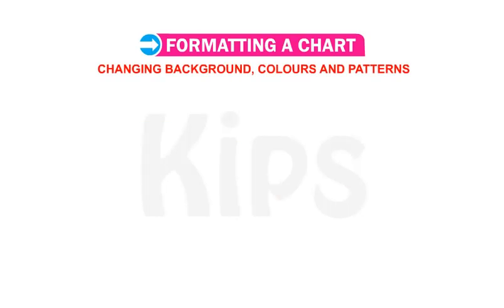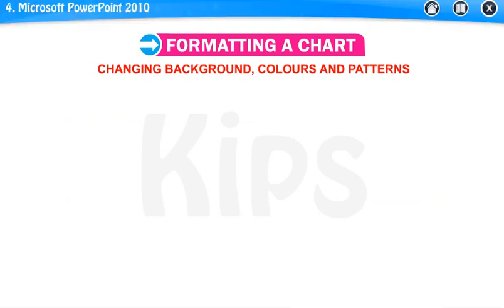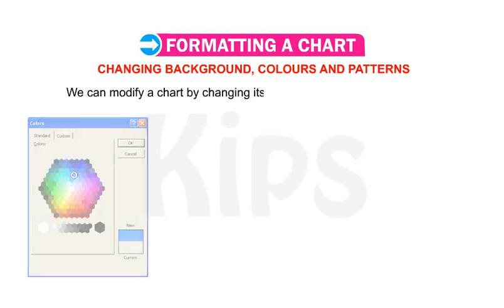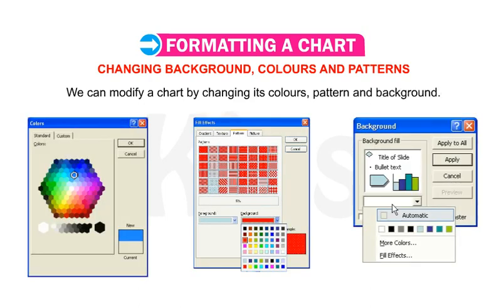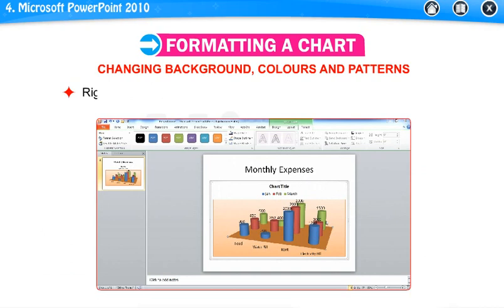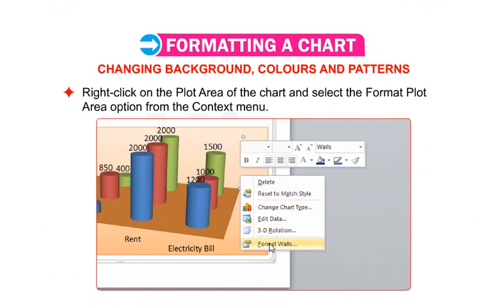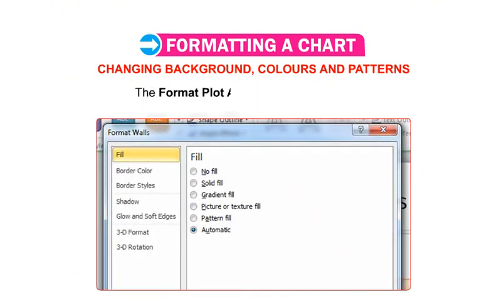Now we will discuss changing background colors and patterns. We can modify a chart by changing its colors, patterns and background. Right-click on the plot area of the chart and select the Format Plot Area option from the context menu. The Format Plot Area dialog box will appear.